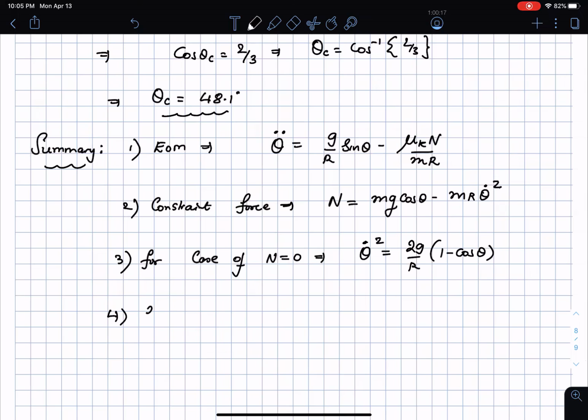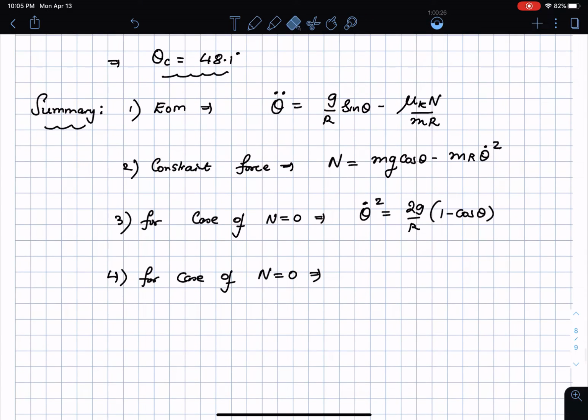This is by ignoring friction, and for the case of N equal to 0, the angle at which contact is lost is 48 degrees. Contact is lost when theta c is 48.1 degrees from the vertical position.